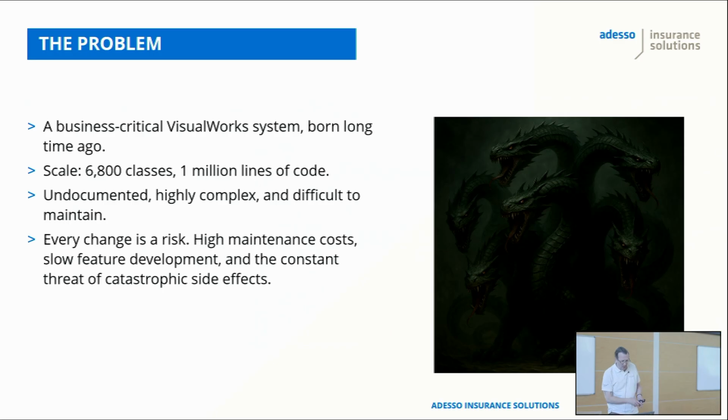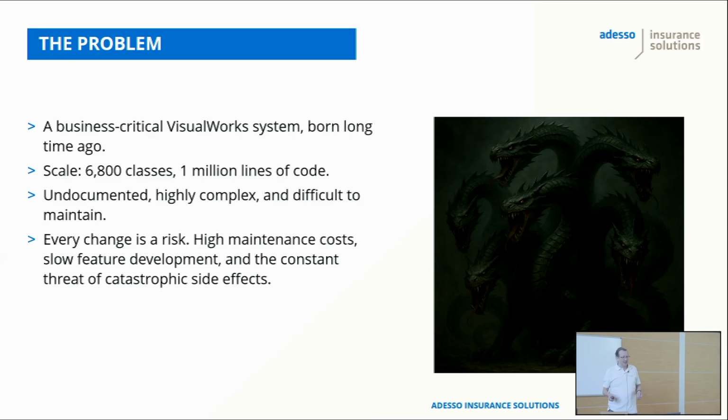As you might imagine, this is a legacy system. It's business critical because it is in production for many years. It was born a long time ago. It's huge. We do have almost 7,000 classes, 1 million lines of code. Huge parts of the system are undocumented.